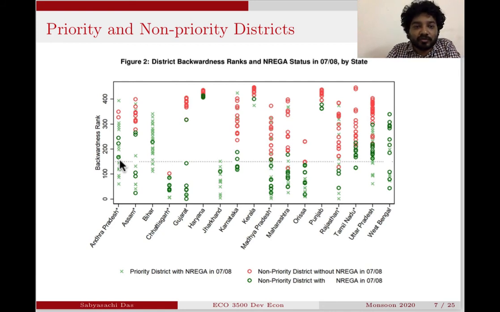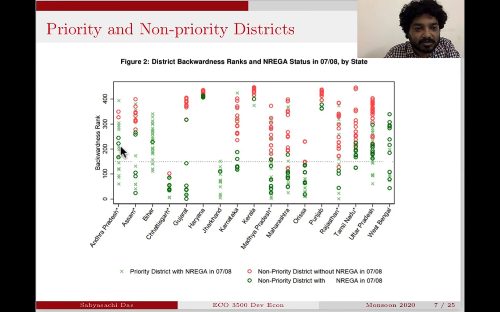So what the author is going to do is find out the cutoff for each state. For each state, what is the highest rank? The lower the rank, the worse the district is in terms of backwardness, right? So 100 means a worse or more backward district than 200.